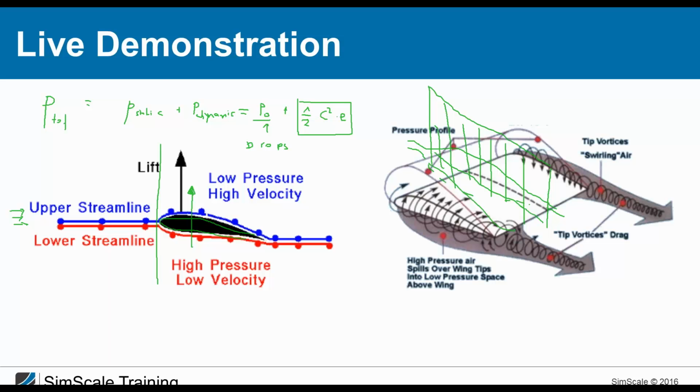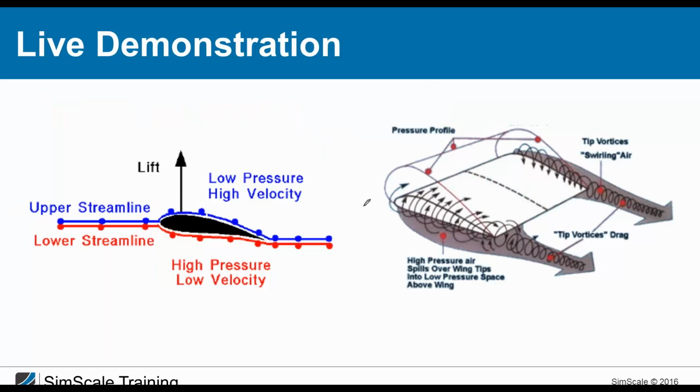But just imagine you take a look at this area. Here you can see you have high velocity here, a low velocity there, and a high pressure here, a low pressure there.